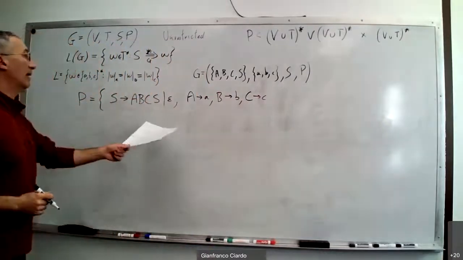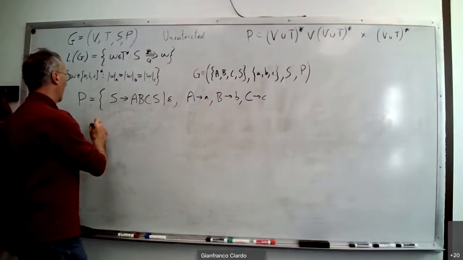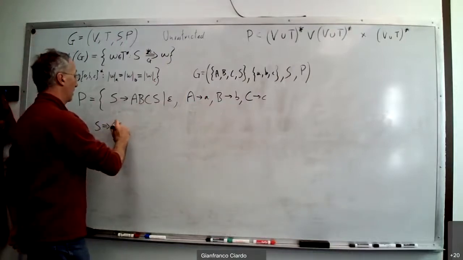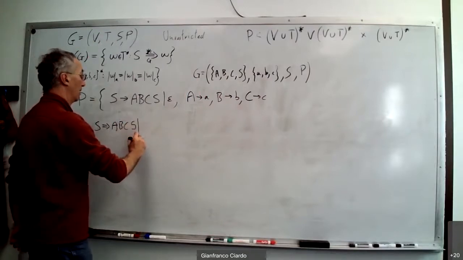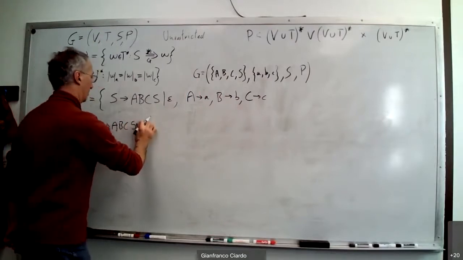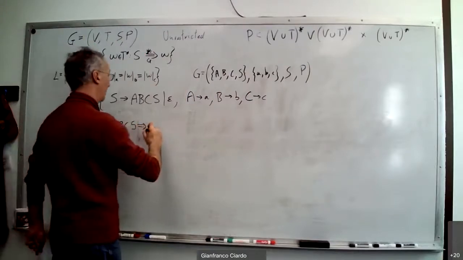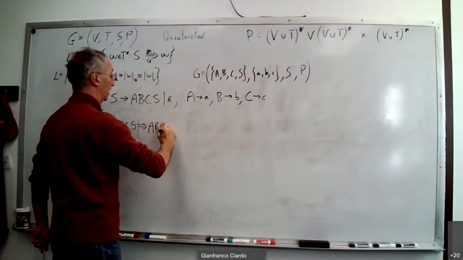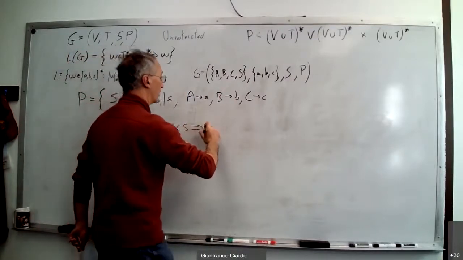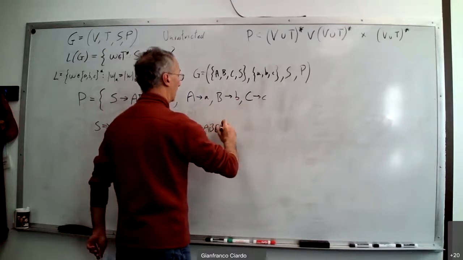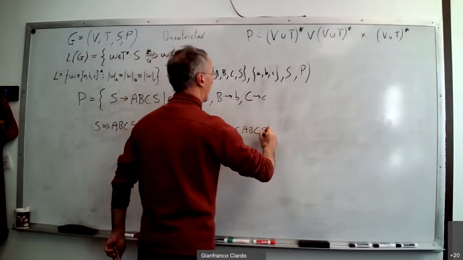But if we just had this, then what we would be able to generate is something like S generates ABCS. In one more step, I can generate another ABC, so I get ABCABCS, and maybe one more, so I get ABCABCABCS.